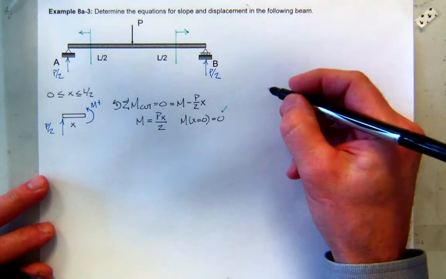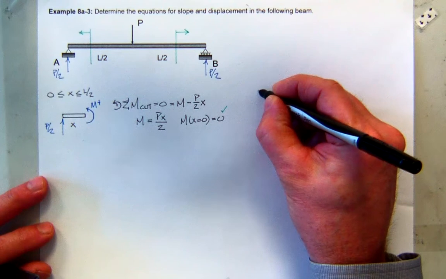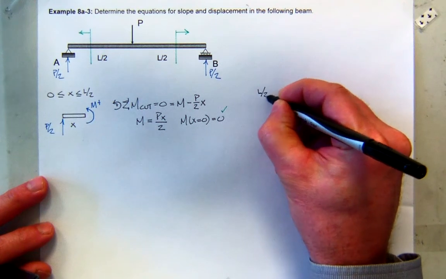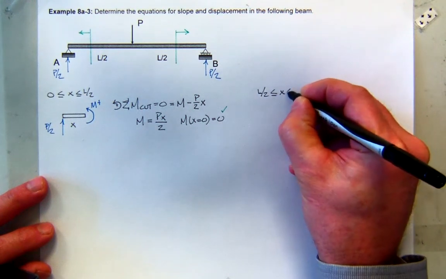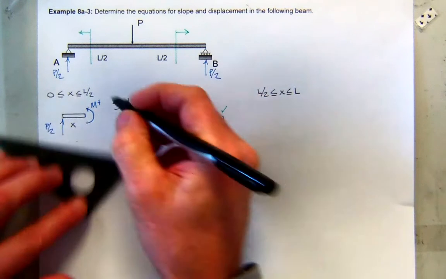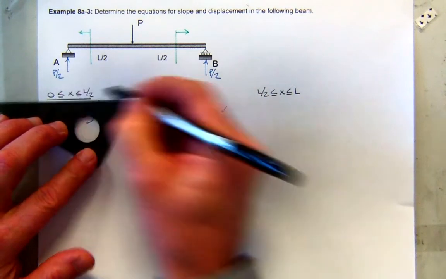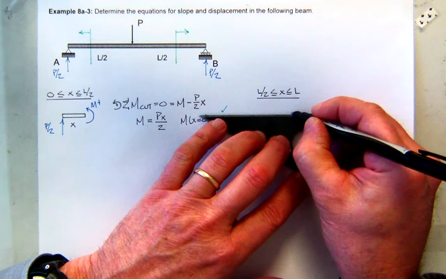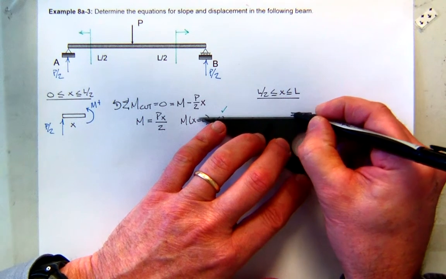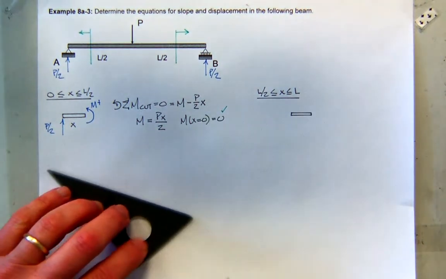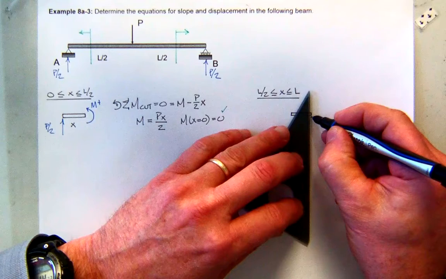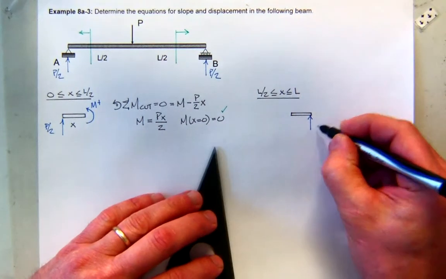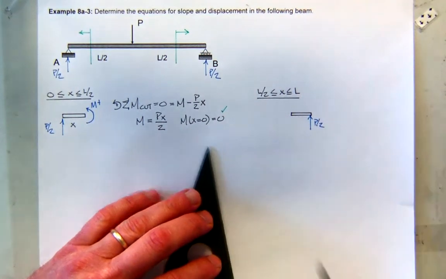So let's go over here now and write a moment expression that's valid from L over 2 to L. So this was the first half of the beam. This is going to be the second half. And when I do that, here's my free body diagram for the beam. Now the reaction on the right-hand side is P over 2.